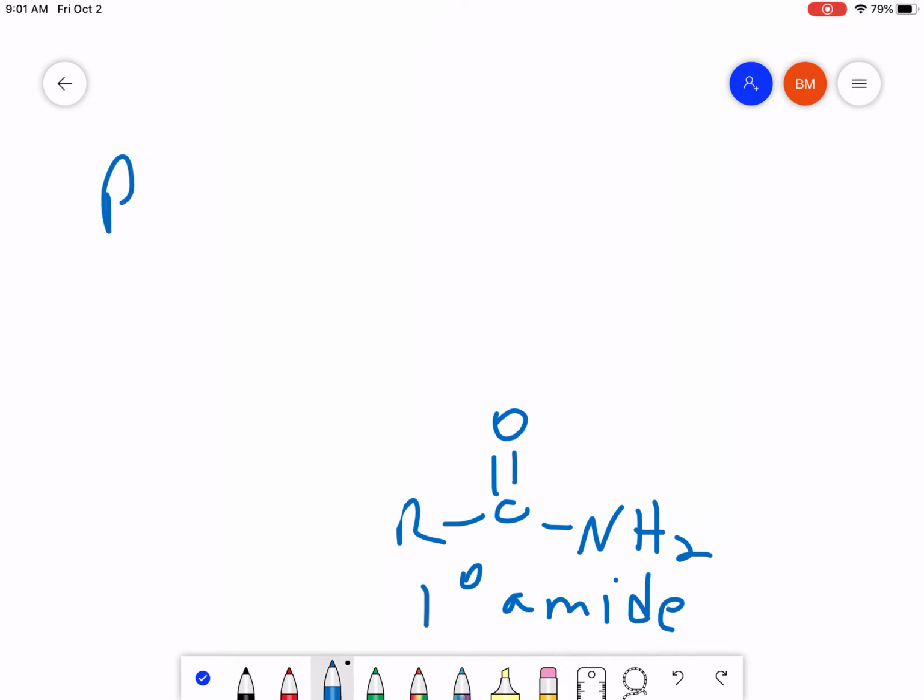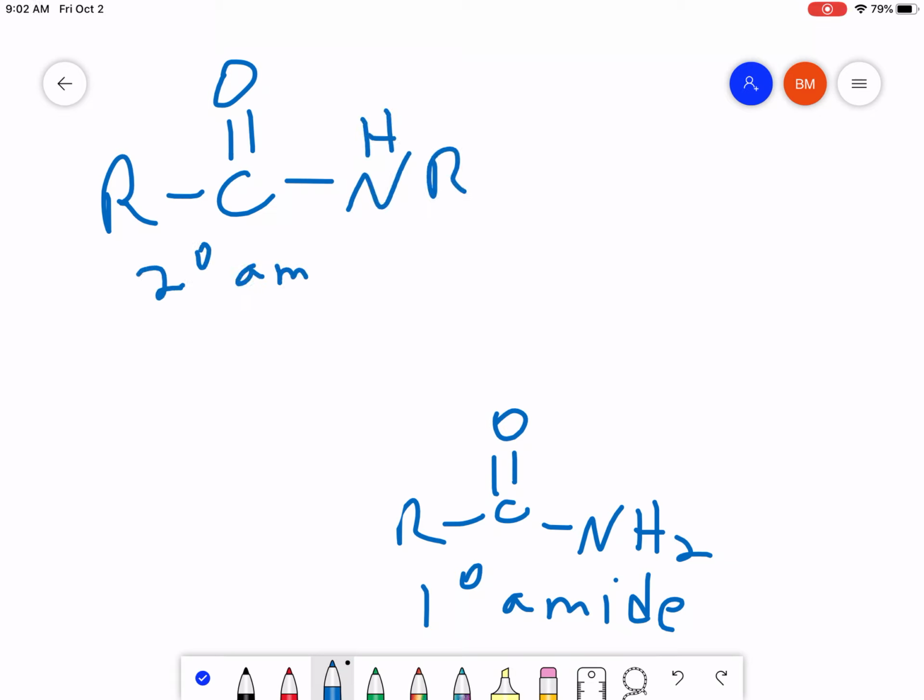You could have an NHR group attached. That's a secondary amide. And you could also have an NR2.